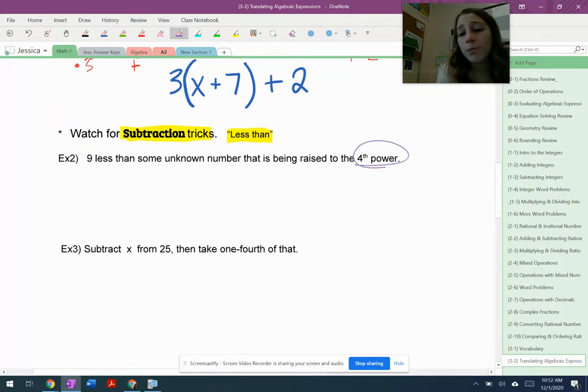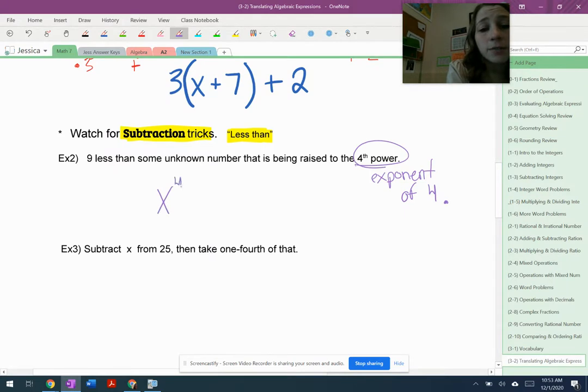Well, that 4th power just means an exponent. A power is another name for an exponent. And when it says 4th power, they just want me to have an exponent of 4. So some unknown number that is being raised to an exponent of 4. So x to the 4th. And so then we want 9 less than some unknown number.